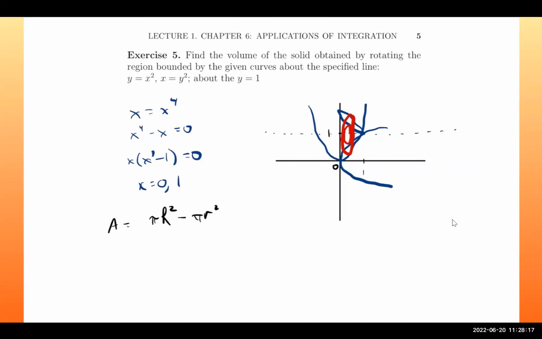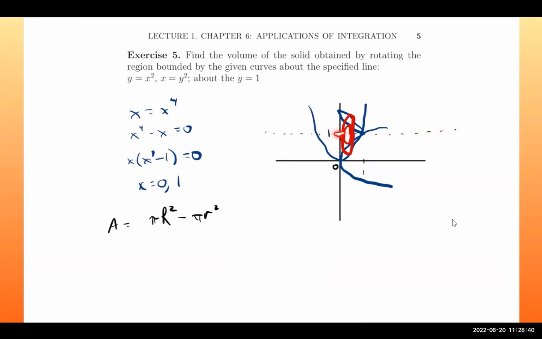The difficult part, at least for me, is figuring out what the radius is, because the radius is not just the top function or the bottom function here. Because we're centered at somewhere other than the x-axis, you have to consider this line of rotation, or the axis of rotation.